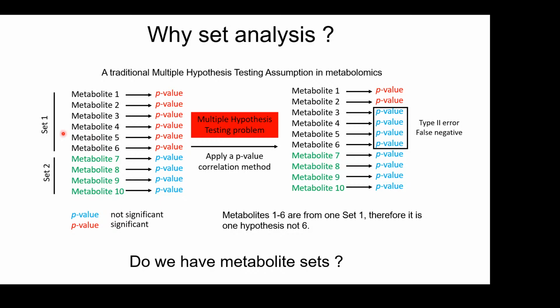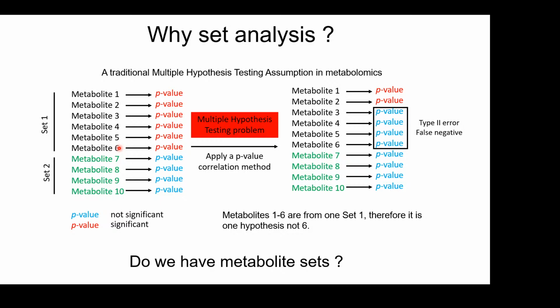Because if metabolites 1 to 6 are from one set, it is one hypothesis, not 6. So we are applying extra, unnecessary penalties at the individual metabolite level, whereas the analysis should really happen at the set level, where the actual hypothesis is whether the set is significant or not, not the individual metabolite.